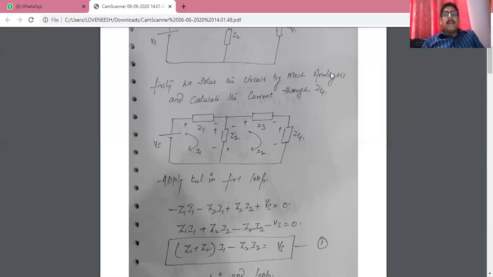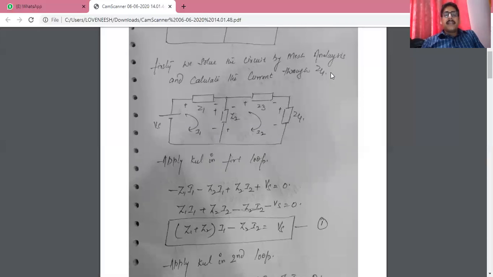But at the same time, Z2 has another current, that is I2, whose sign is negative to positive. So here we have plus Z2 into I2. And after that, you have negative to positive, so there will be a rise, Vs, equals 0. After solving this equation, we have (Z1 plus Z2) I1 minus Z2 I2 is equal to Vs. This is equation number 1.